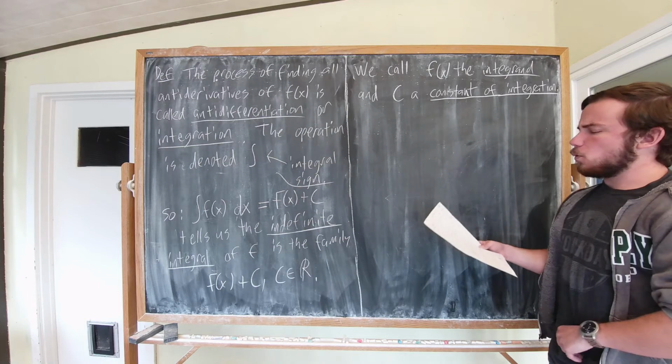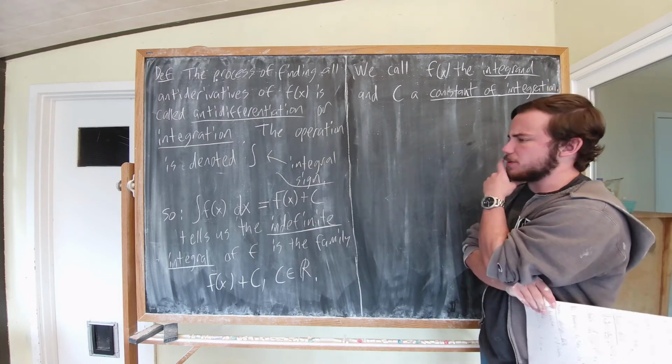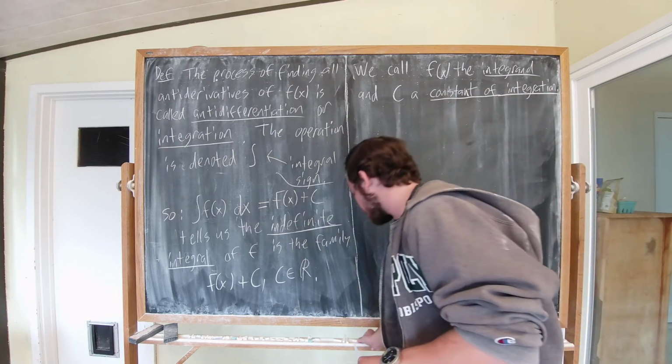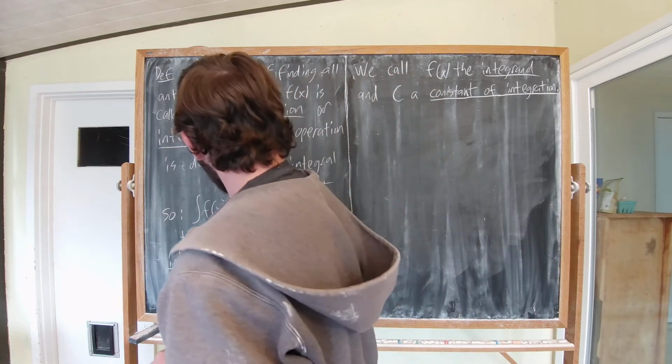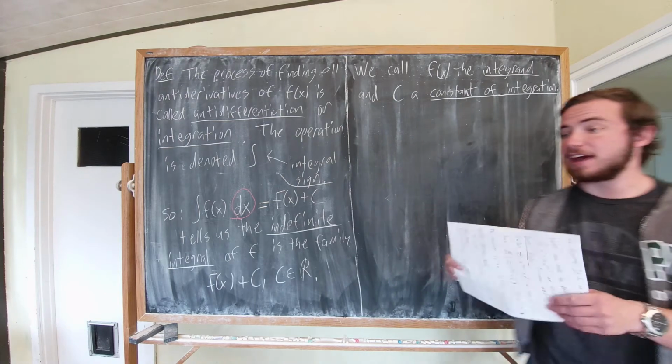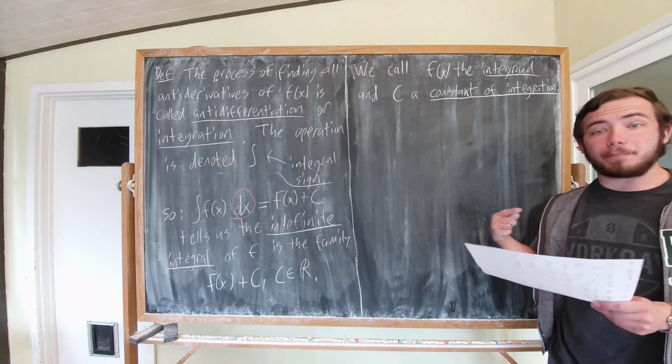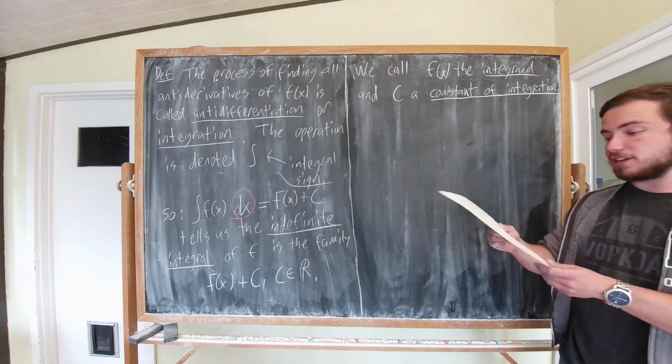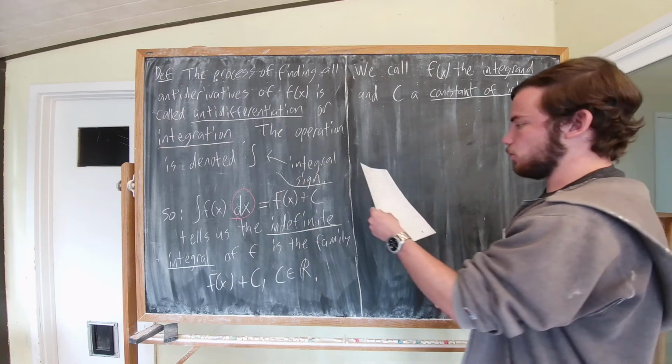Okay, and the only kind of confusing part left is probably this little dx. Why the heck is that there? Well, the dx reminds us what variable we're integrating with respect to.